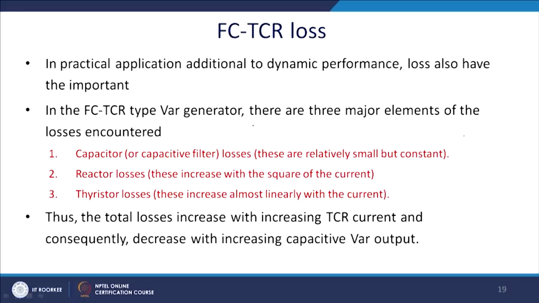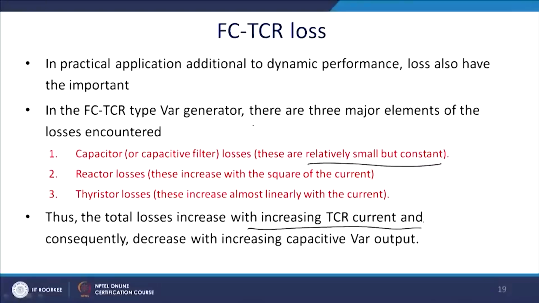The capacitive filter losses are more or less constant. Thereafter, reactor losses increase with the square of the current, and the thyristor losses are mainly the conduction losses, which increase because when the thyristor is on, there will be a drop of around 1 volt.